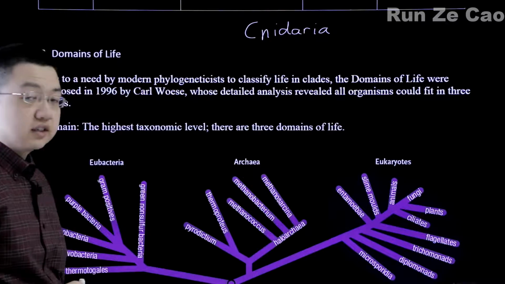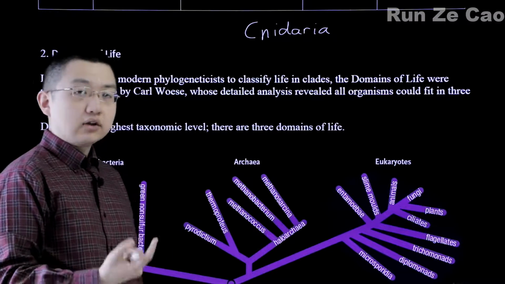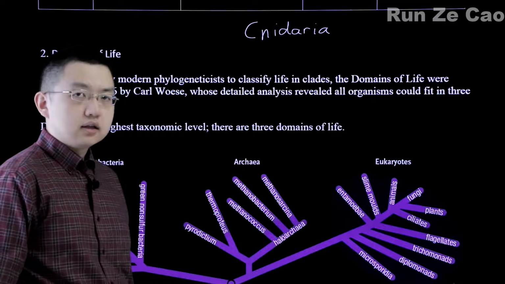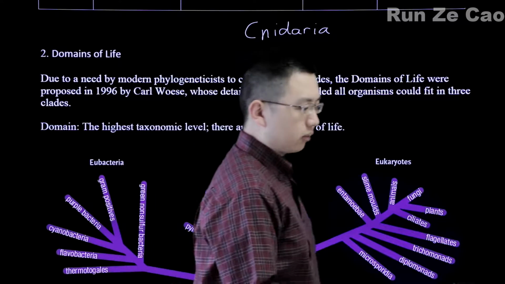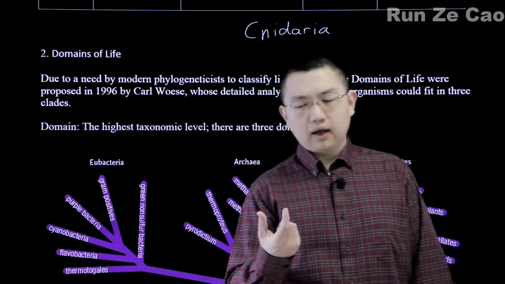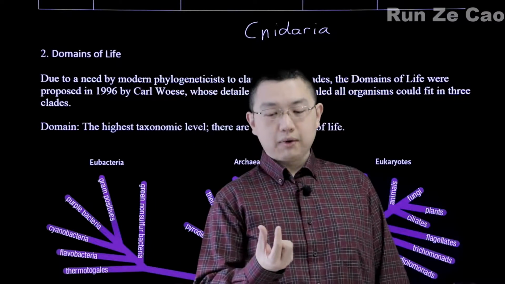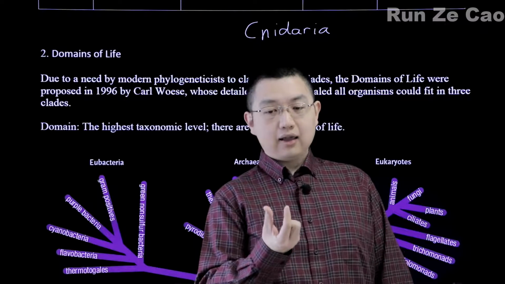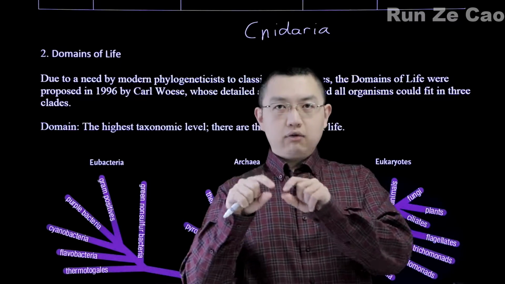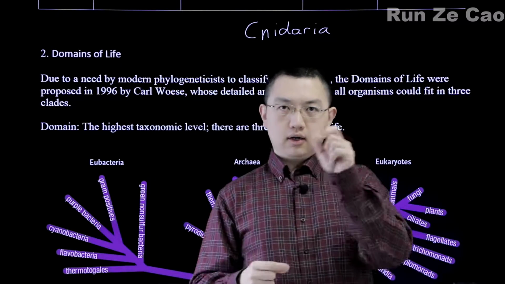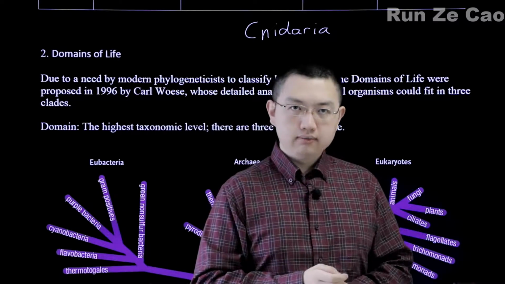Cnidaria includes stuff like jellyfish and hydra, as in not the mythical nine-headed snake or serpent or dragon, but a small organism that has a body that's essentially shaped like a blind-end sac with a few tentacles coming out near the oral end.